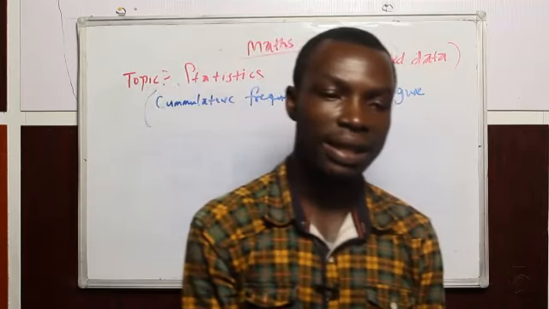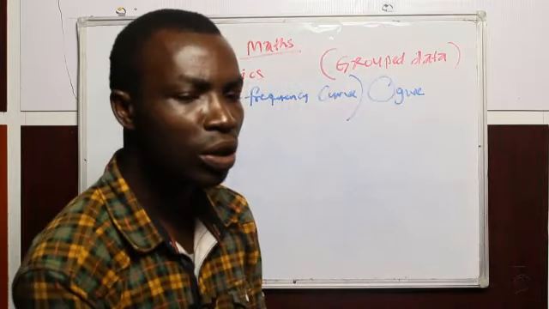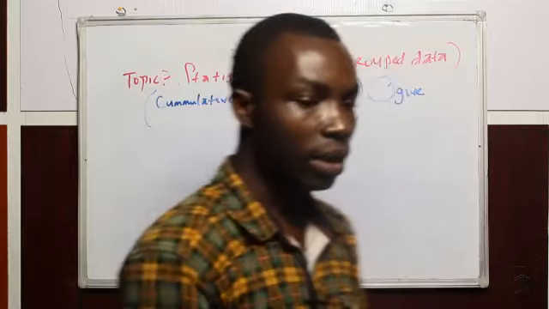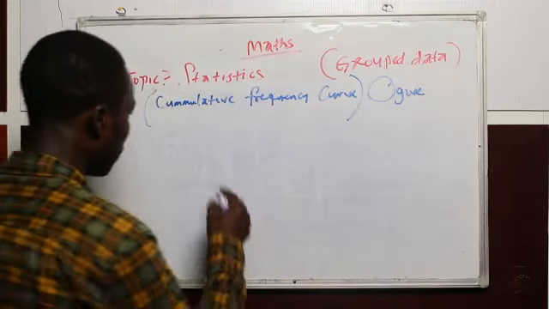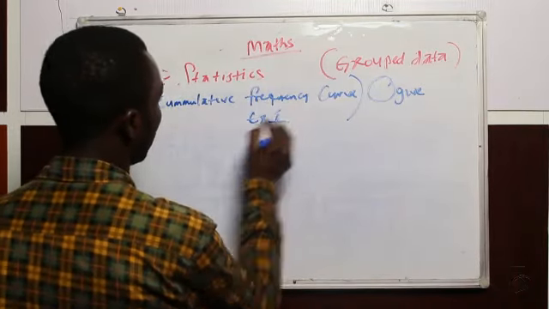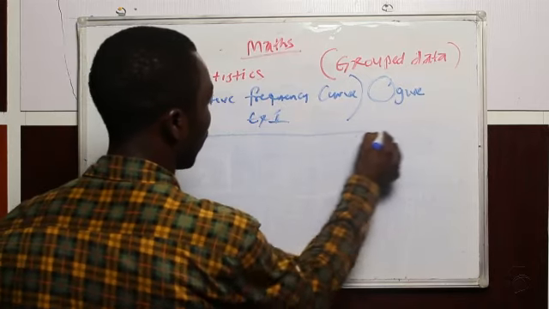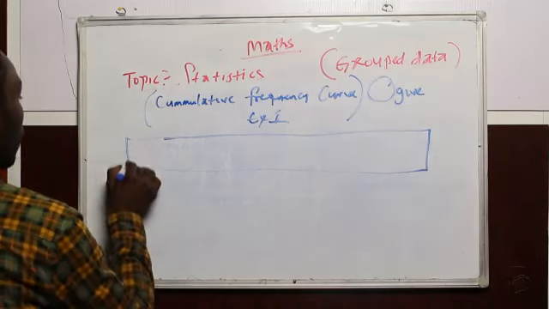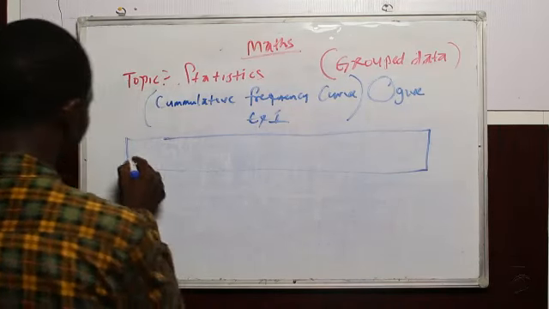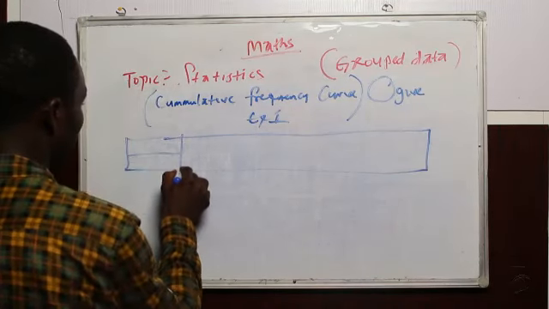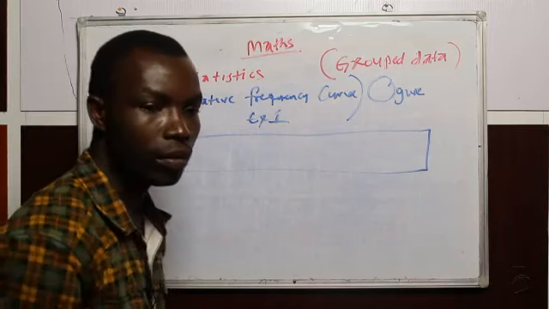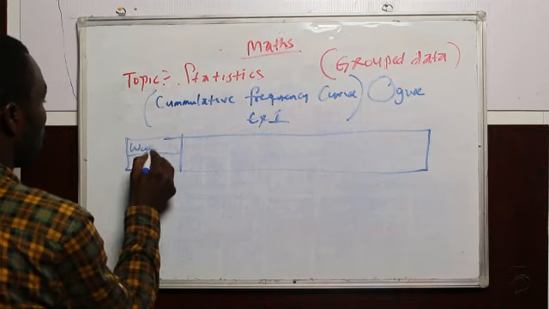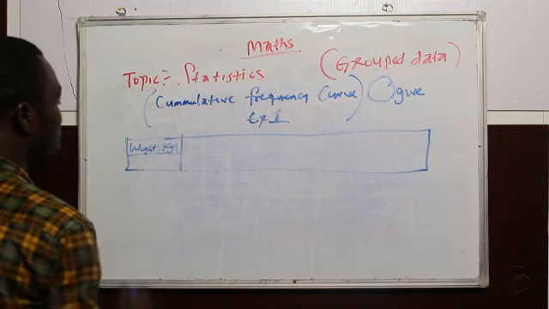And let us consider this example. The table below shows the weight distribution of 100 people in a community. Now, let us show the weight distribution. Example 1. We have the weight, which is in kg.